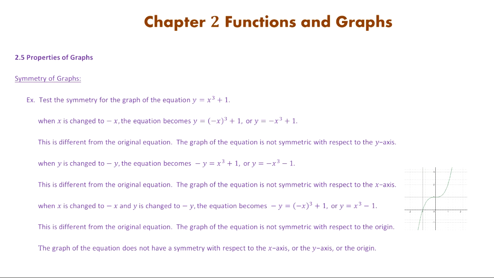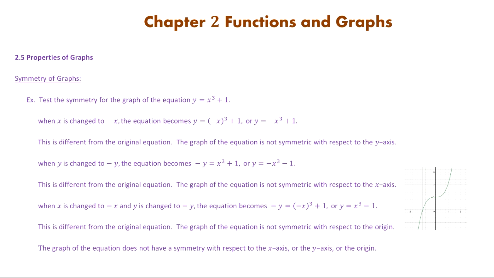If you multiply by negative 1 on both sides of the equation, negative becomes positive and positive becomes negative, so you get y equals x cubed minus 1. And that's still not the same as the original equation in the problem. So according to the criterion, this graph does not have a symmetry with respect to the origin.